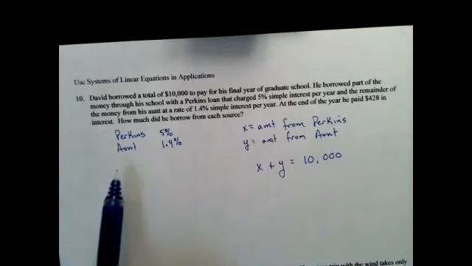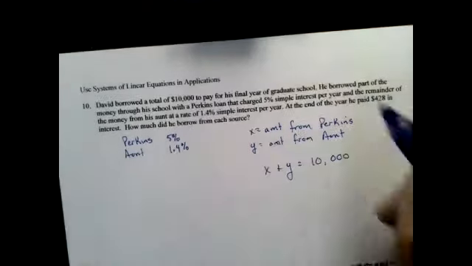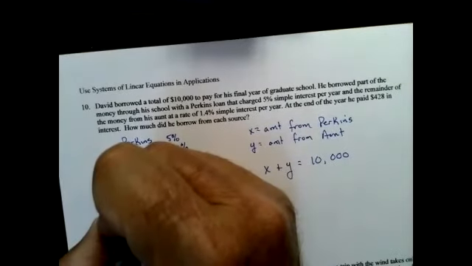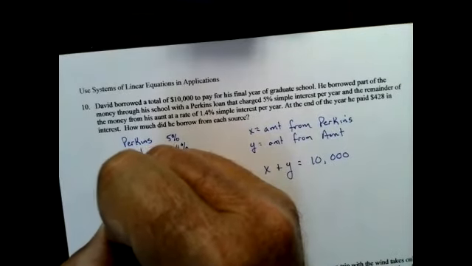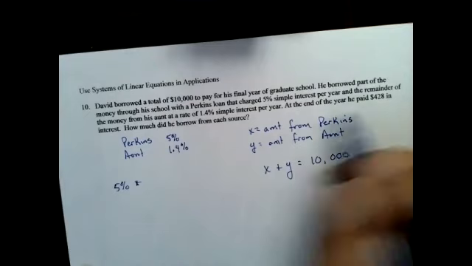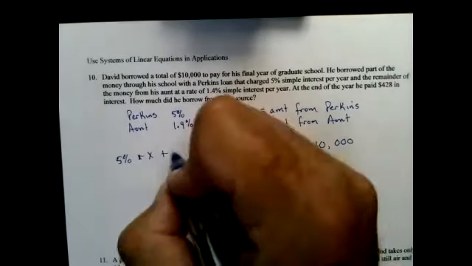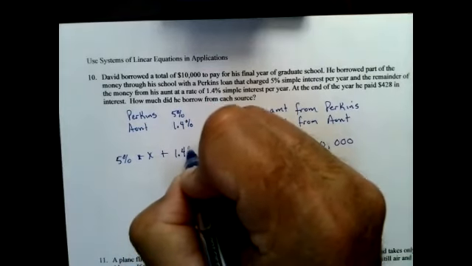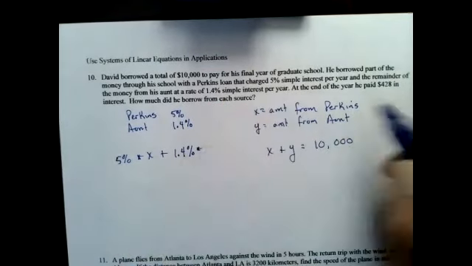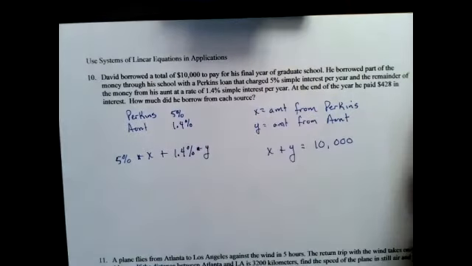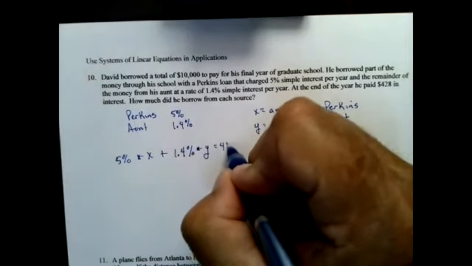Now, the interest part of this: 5% of the amount of the Perkins, plus 1.4% of his auntie, has to equal $428.